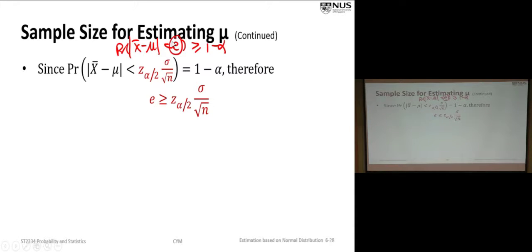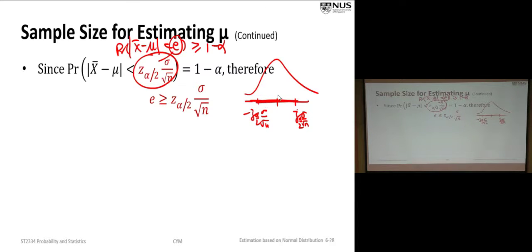So what is this e? E must be bigger than this number, because what I'm saying is that the difference within minus z alpha over 2 sigma over root n and z alpha over 2 sigma over root n has probability 1 minus alpha.